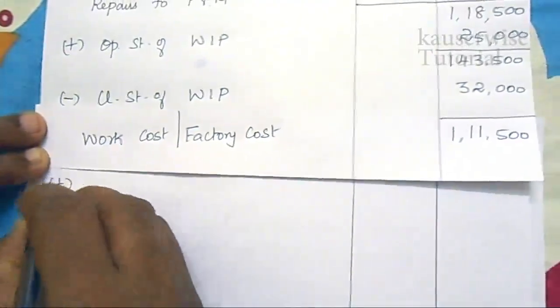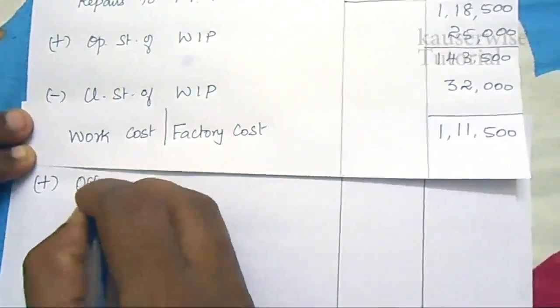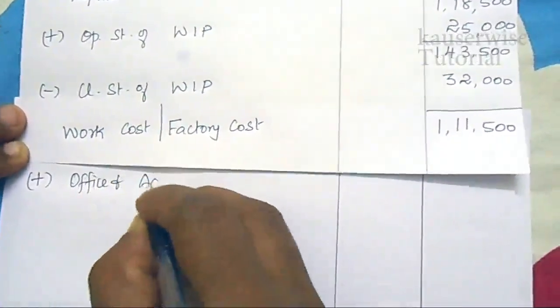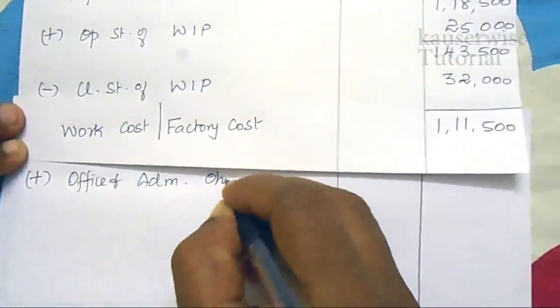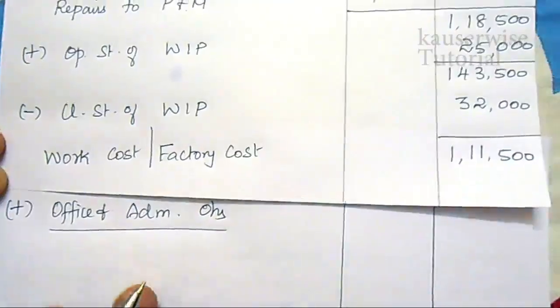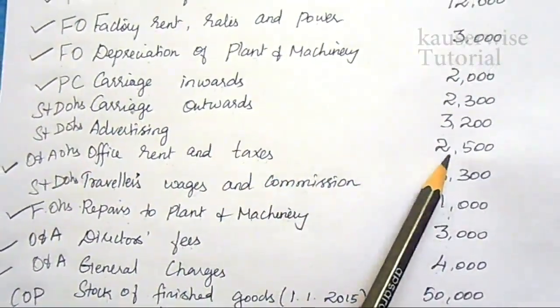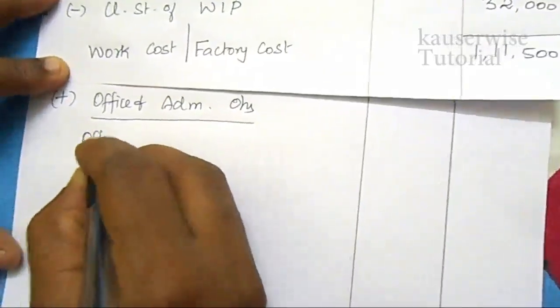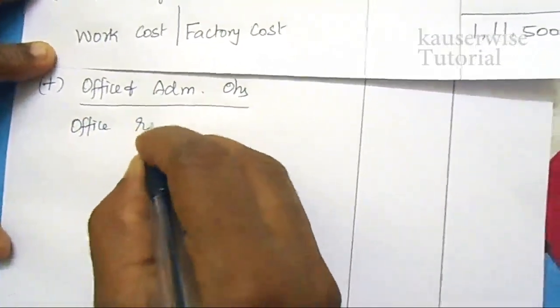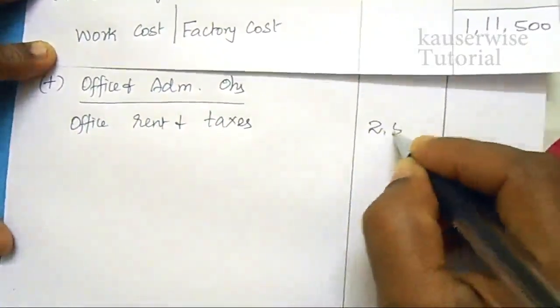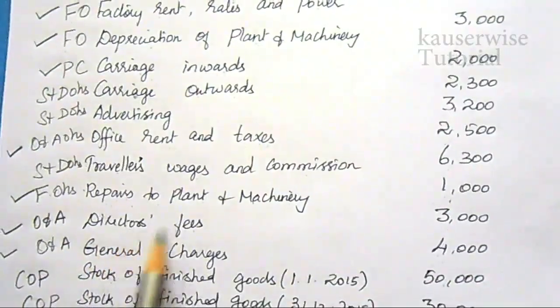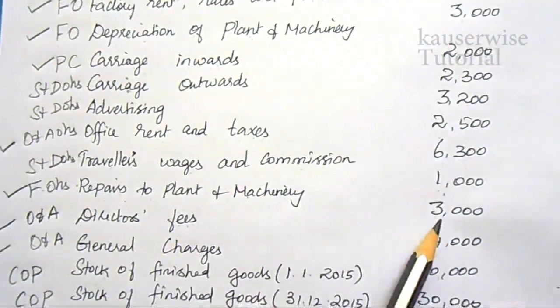Next, we need to add office and administrative overheads. Under that, office rent and taxes 2,500. Director fees 3,000.